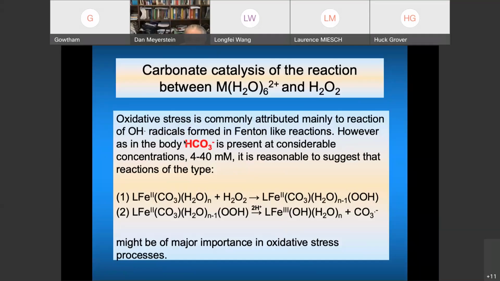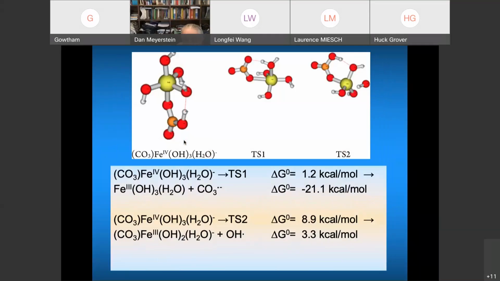On the next slide, we calculated the free energy of this question. We bound a carbonate to an iron 2 and reacted it with hydrogen peroxide, forming iron 4.